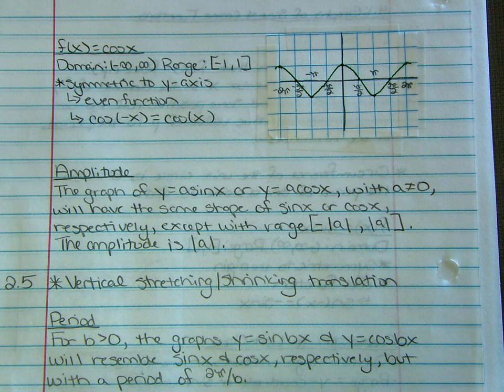That's what it means to be an even function. So the big thing to note, at least in terms of where you're starting with your graphs, is that the sine function starts at the middle and goes up, down, up, down. The cosine function starts up and comes down, up, down, up.